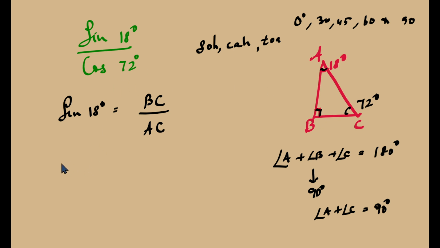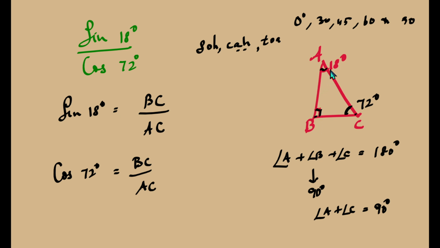Now what about cos of 72? That is going to be equal to adjacent by hypotenuse, or the length of the side adjacent to the 72 degree angle, BC. Once again, BC is adjacent to the 72 degree angle, in the sense that both cos 72 and sine 18 cater to the same ratio of lengths, BC by AC.